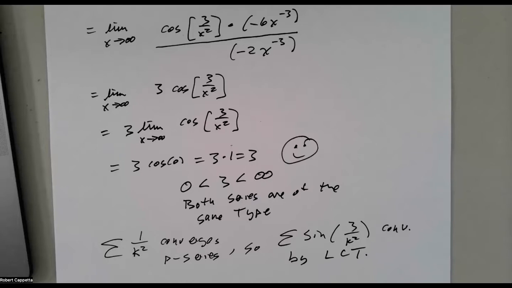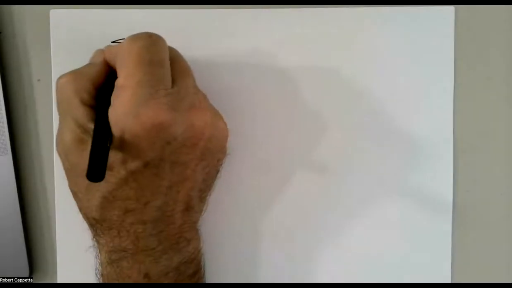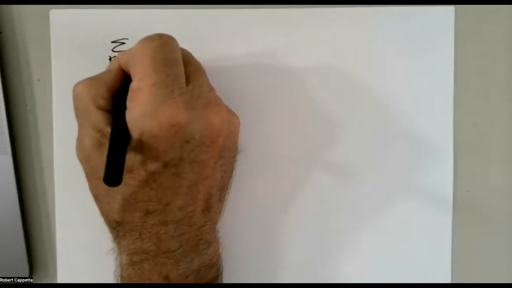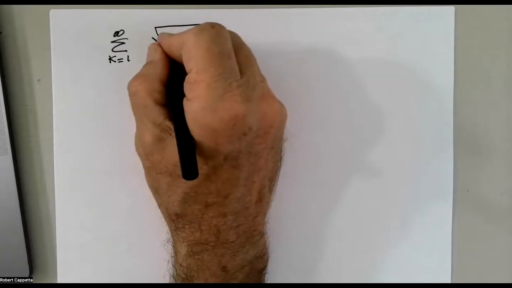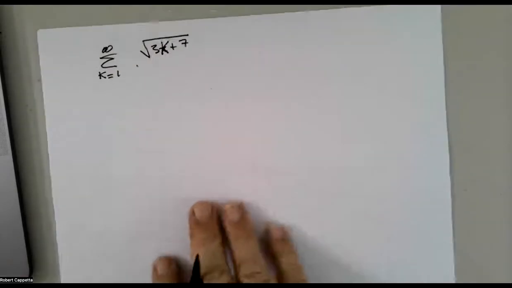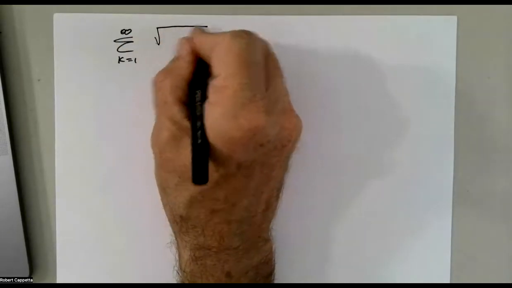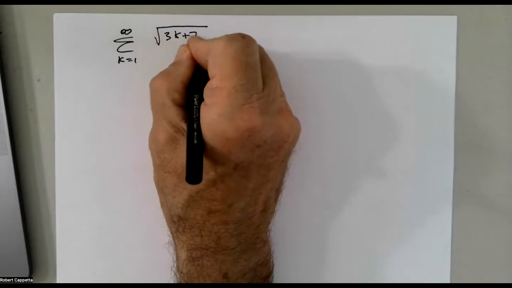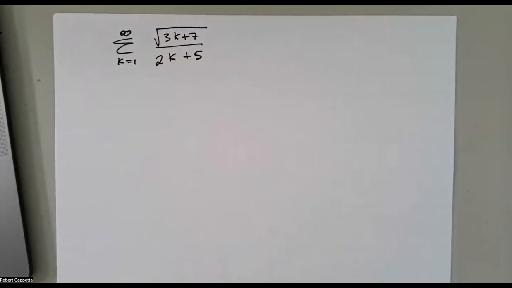Let's do one more and see what you get. Let's take a look at the sum as k goes from 1 to infinity of the square root of (3k plus 7) over (2k plus 5).